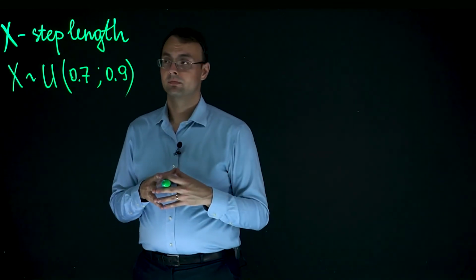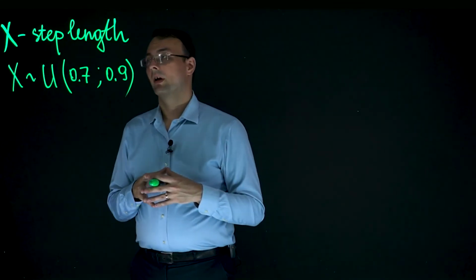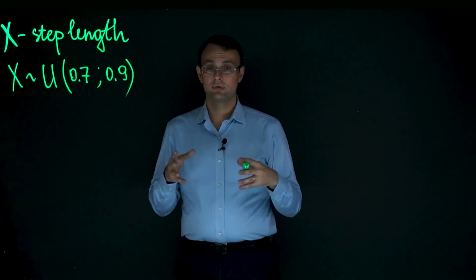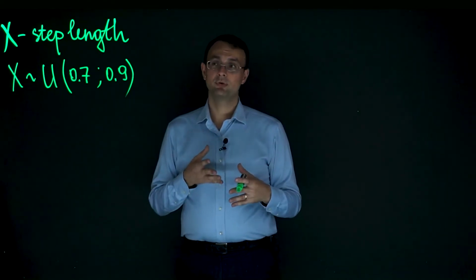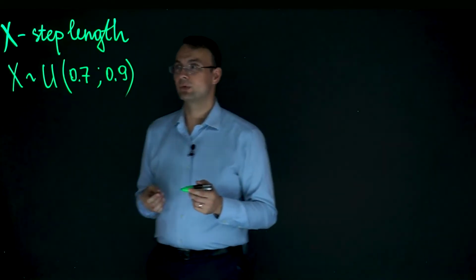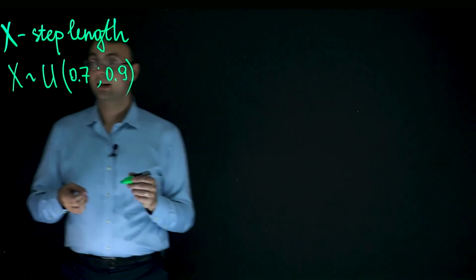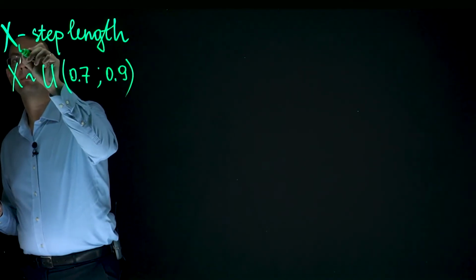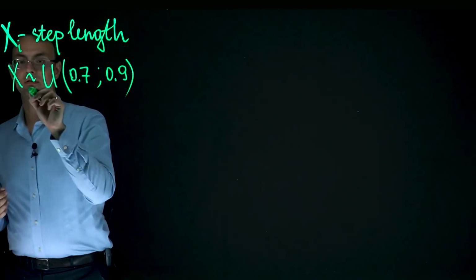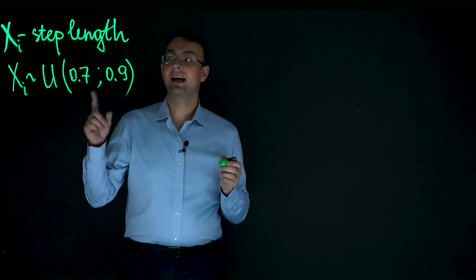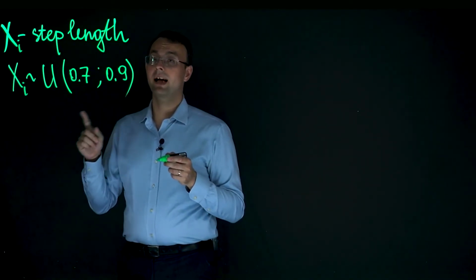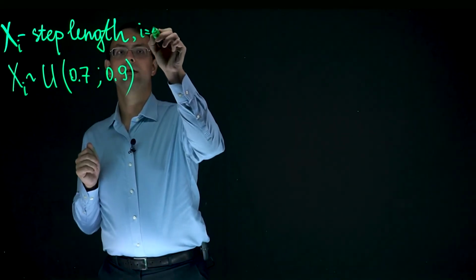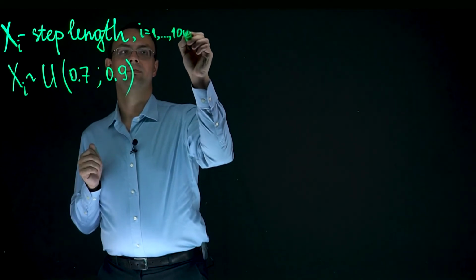So to deal with this, we should modify our notation a little bit. We should say that we have 100 steps, and each of them is a random variable. So xi is the length of the ith step, and i is from 1 to 100.